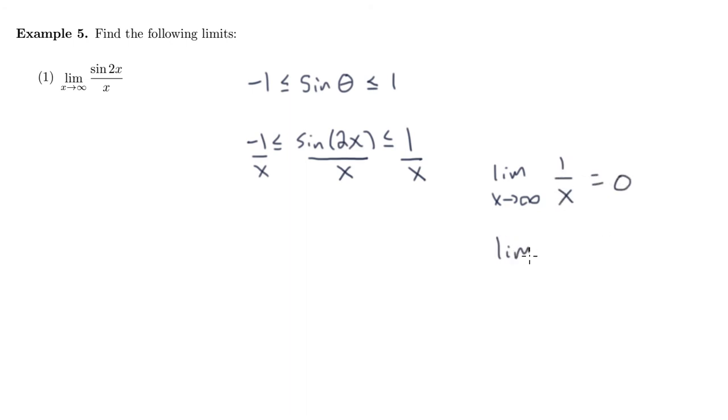But the same thing is true for the limit as x goes to infinity of minus 1 over x. It's just approaching 0 from the left instead of from the right, but it's still going to 0.